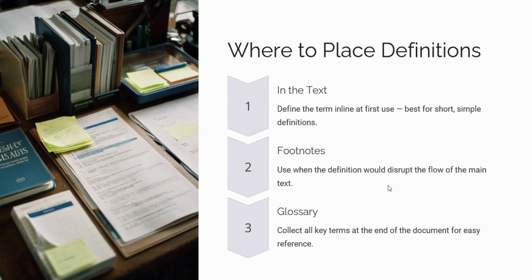Then another place you can place your definition is in your footnote. Place your definition in the footnote when that definition in that particular place will disrupt the flow of the main text.